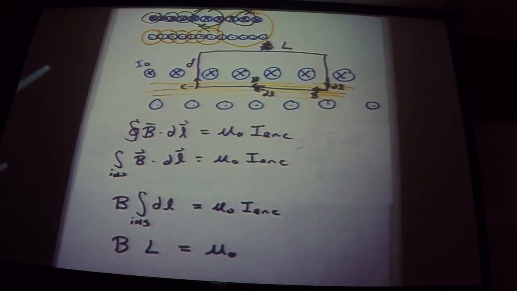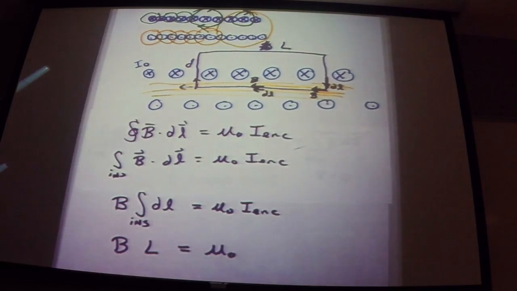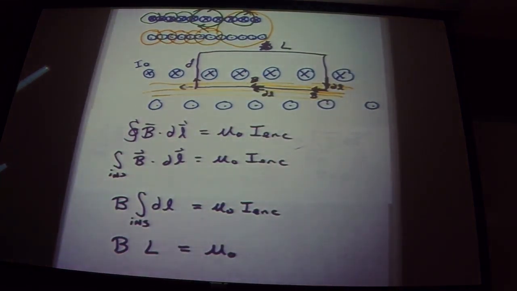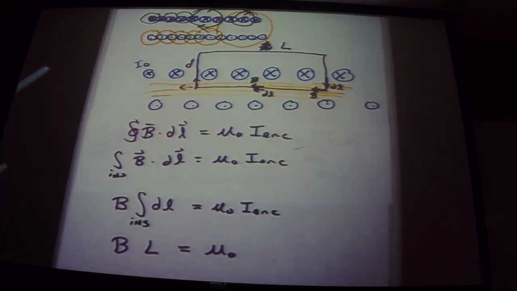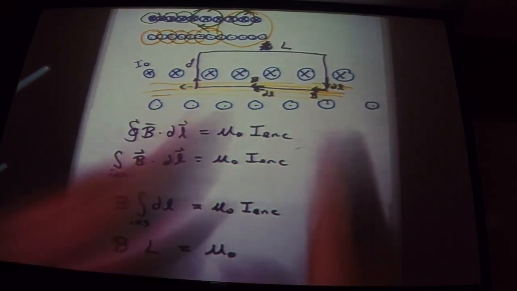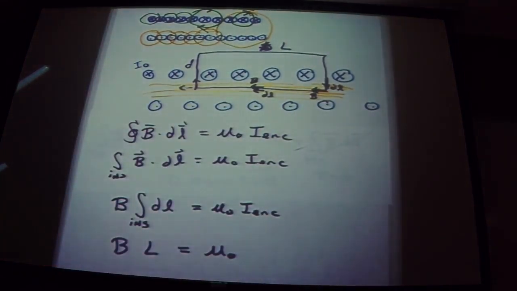If I naught is the current going through the solenoid, how much is going through this particular loop that I've drawn? I naught is the current running through the solenoid. How much is going through the particular loop that I've drawn?